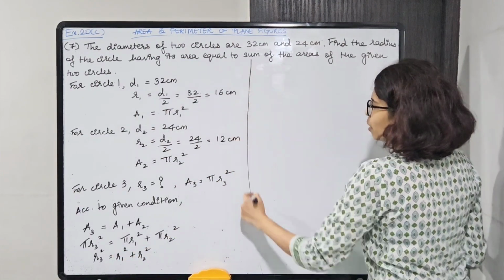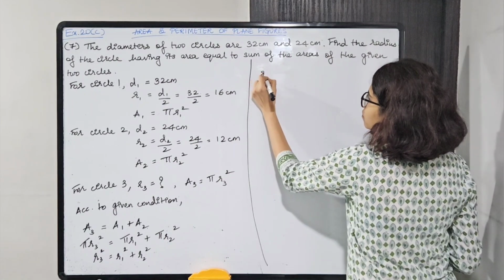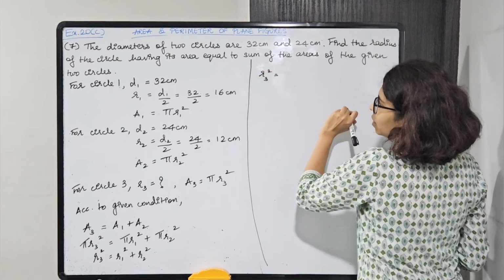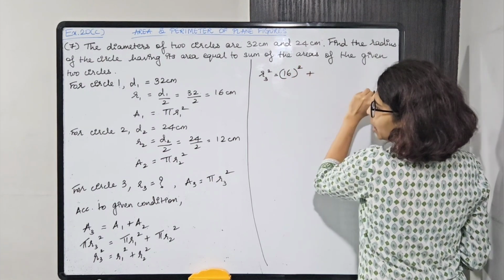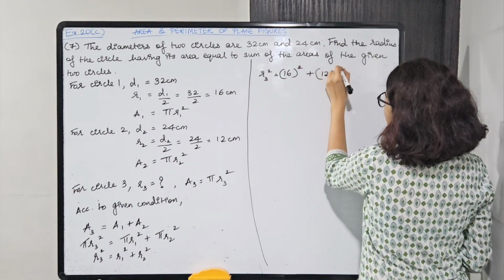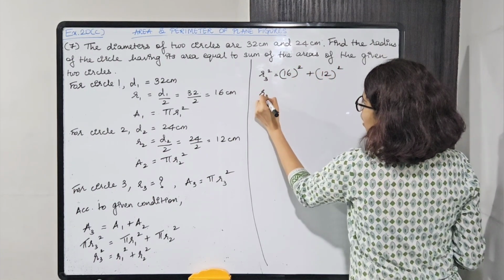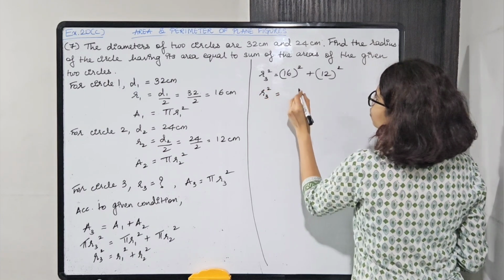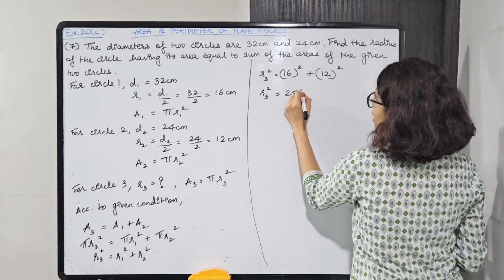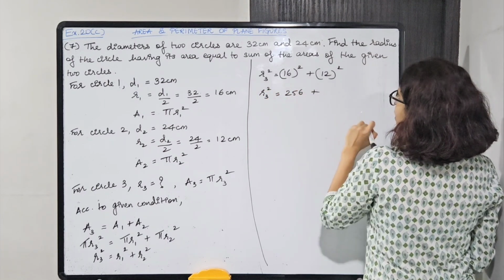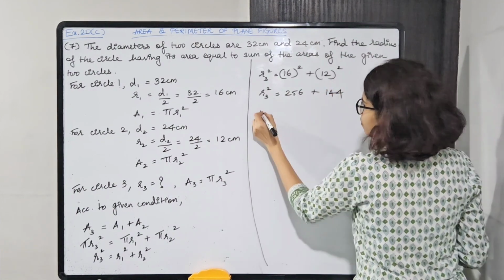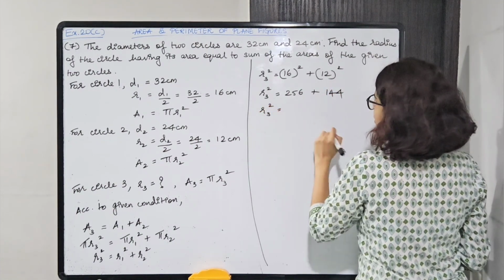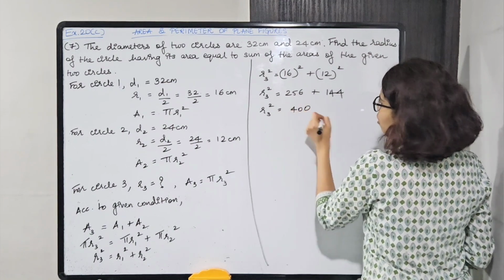Let's put the values of R1 and R2. R1 is 16 and R2 is 12. So R3 squared is equal to 16 squared is 256 and 12 squared 144. So R3 squared is equal to 400.